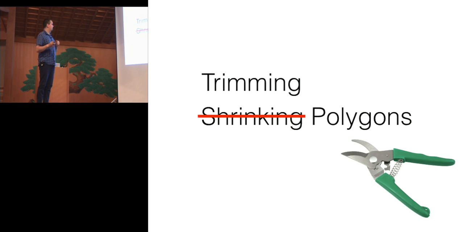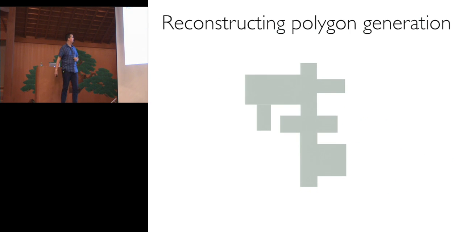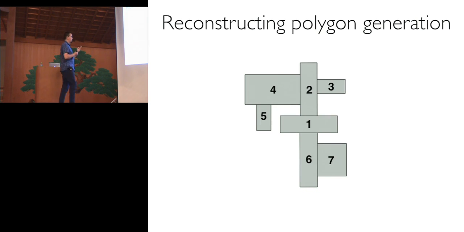And it turns out that trimming polygons is not entirely trivial, but it requires some insight. And the insight comes from how this polygon has been generated. It has been generated inductively by picking more and more primitives and attaching them to what has been built by that moment. So let's enumerate that process for convenience.